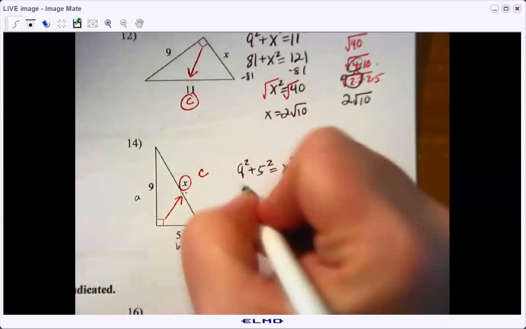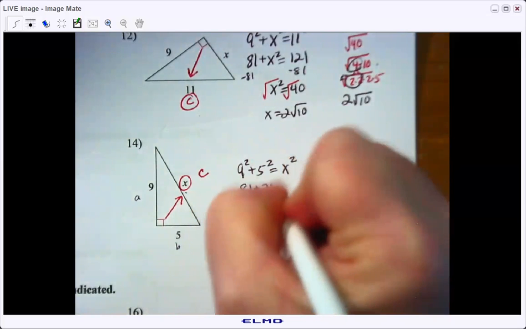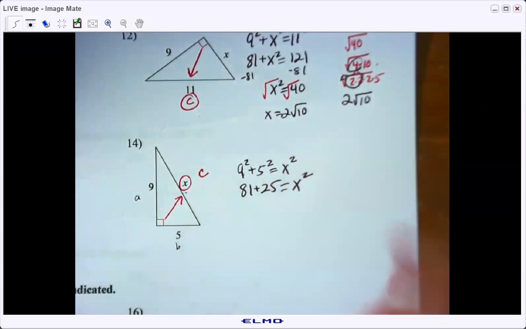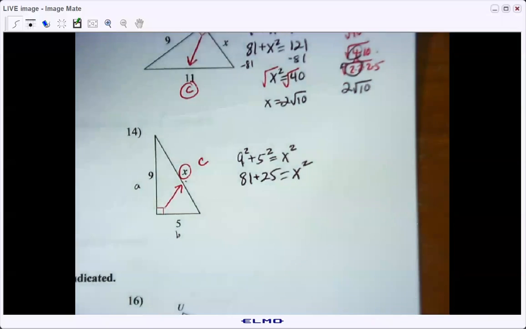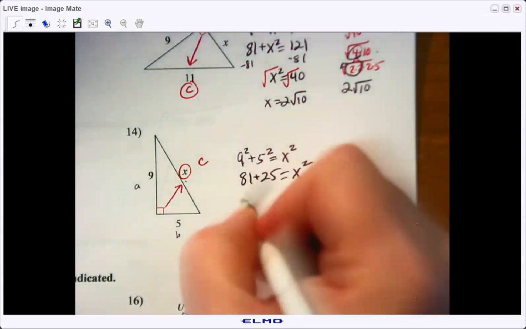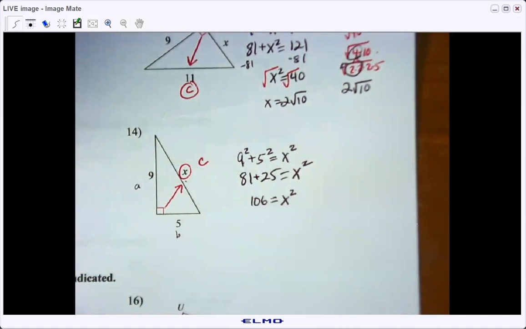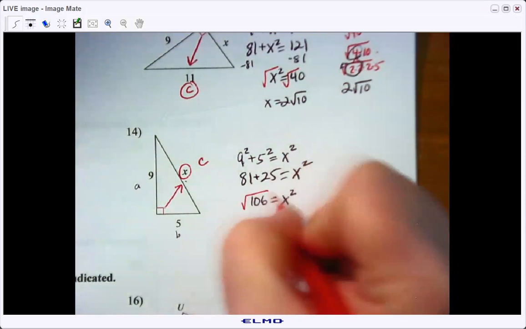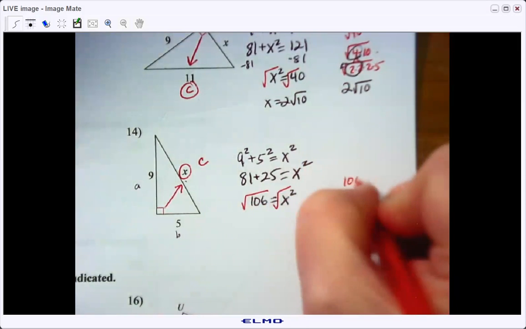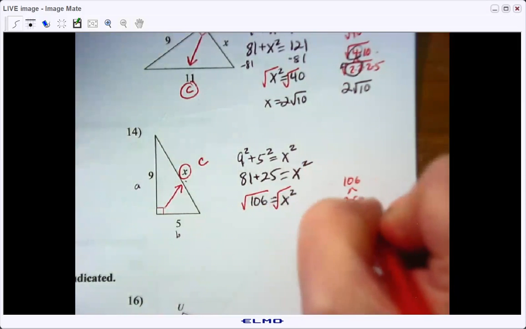So this is 81 plus 25 equals X squared. When we add these together, we get 106, which is equal to X squared. However, when you take the square root, 106 breaks down to 2 times 53.